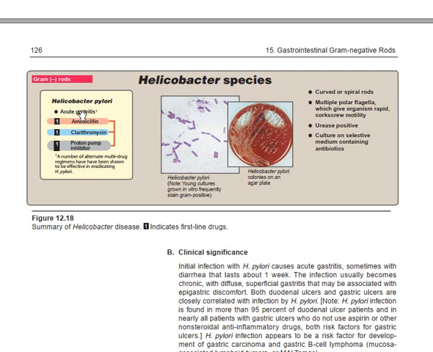So the next thing is the treatment of Helicobacter pylori gastritis. You use three main drugs. You first use a proton pump inhibitor, then you use amoxicillin and clarithromycin as a tritherapy. Now, you can also use a tetratherapy of proton pump inhibitor plus amoxicillin plus clarithromycin plus metronidazole or tinidazole. Is it clear? Now, this clarithromycin here is a macrolide.